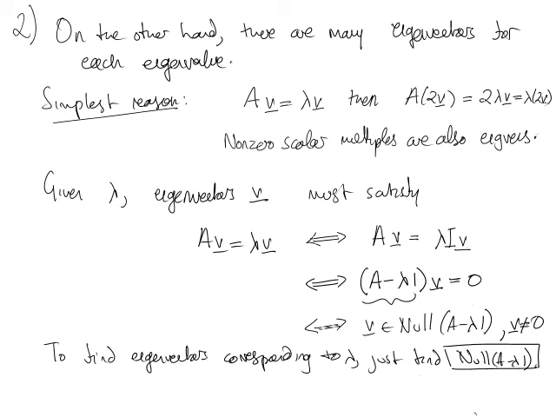And in particular, this gives us a structural characterization of what the eigenvectors corresponding to an eigenvalue are. So the eigenvectors corresponding to lambda form a subspace. Okay?